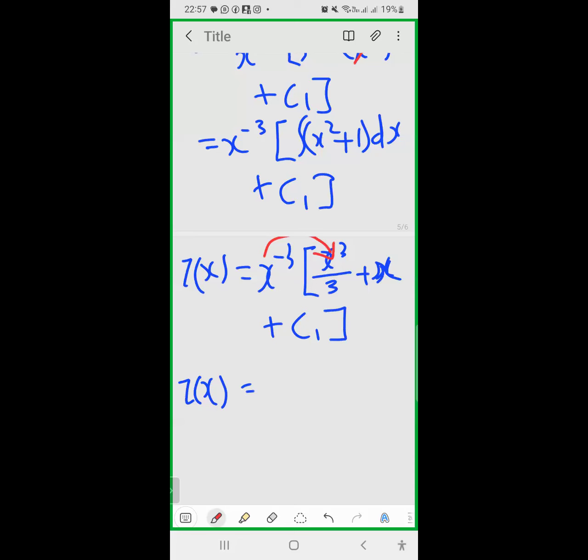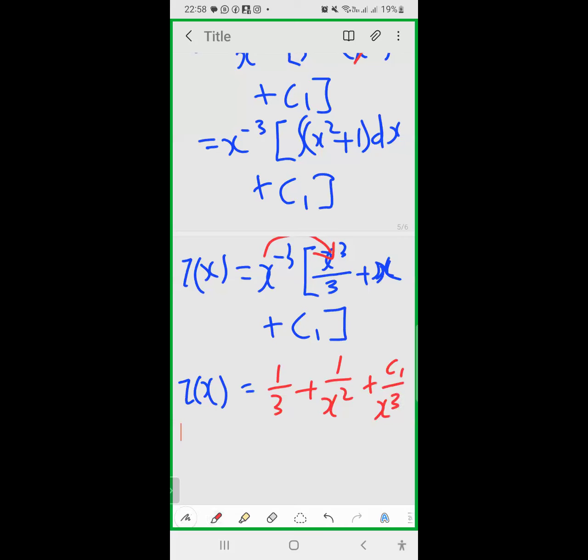So this is going to be 1 over 3, plus x to the power minus 3 plus 1, that is minus 2. So this is the same as plus 1 over x squared, and then plus c1 over x cubed.